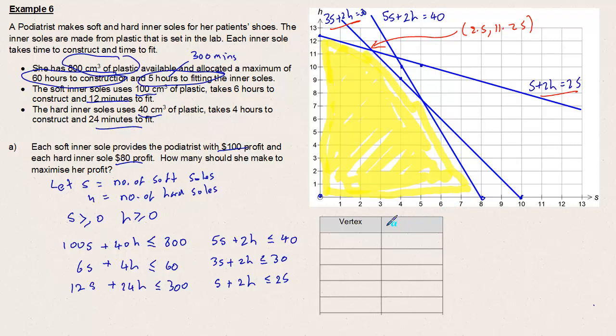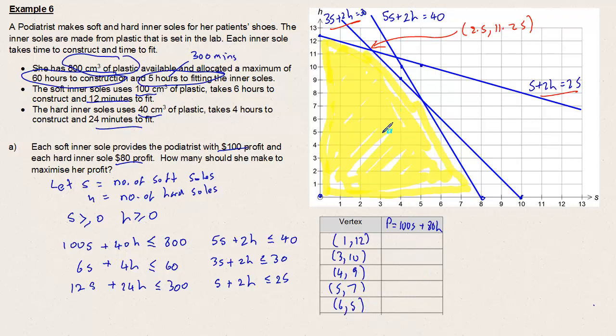So what we need to do is take some nearby integer valued coordinates, such as 1, 12 and 3, 10 and 4, 9, 5, 7, 6, 5.